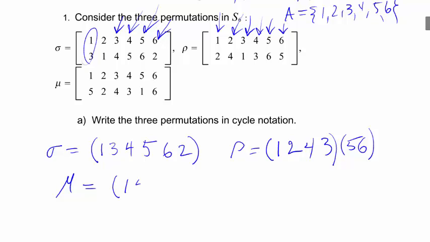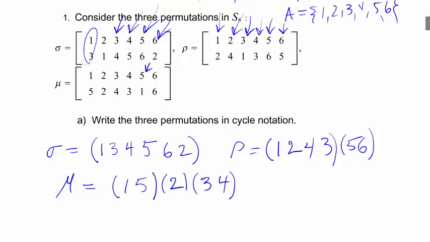And mu is, I put my 1 down, 1 goes to 5, 5 goes to 1. I have a 2-cycle. Now I'll put in 2. I just put in the next number that I haven't listed yet. So 2 goes to 2, so I'll just close it. Now 3. Mu sends 3 to 4, and then it sends 4 to 3. So I close it. It's a 2-cycle.